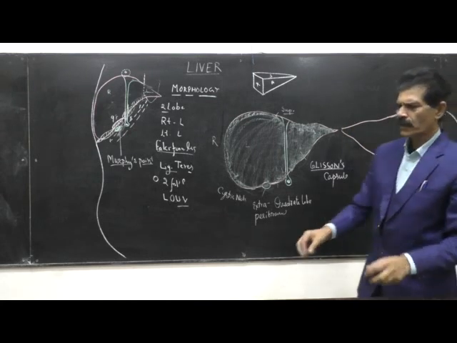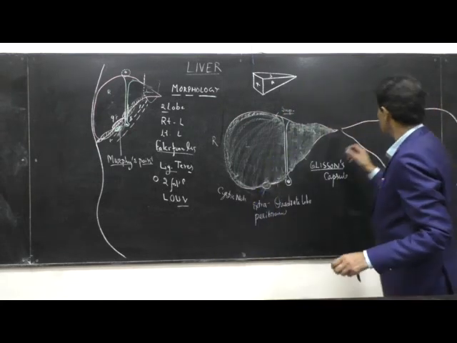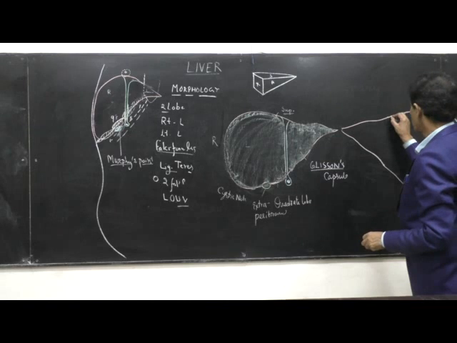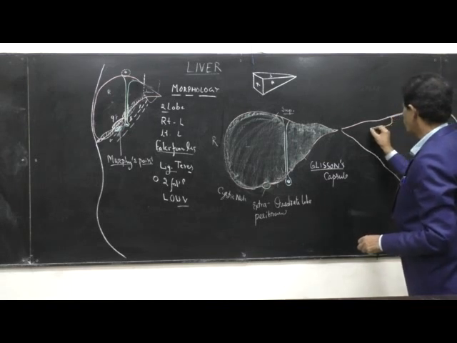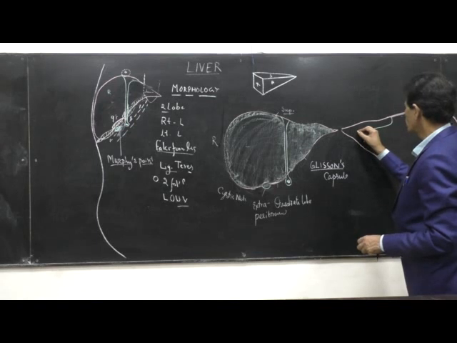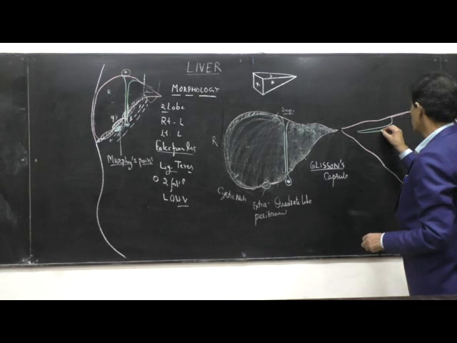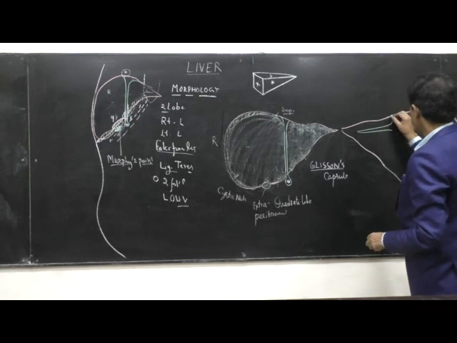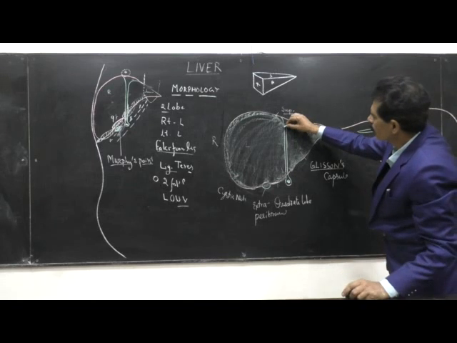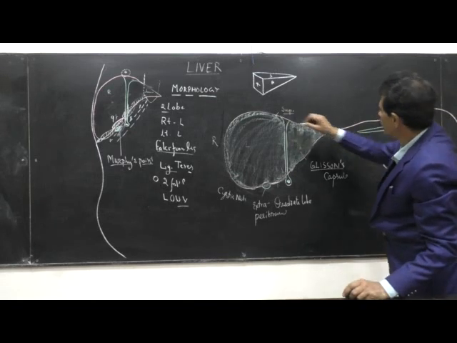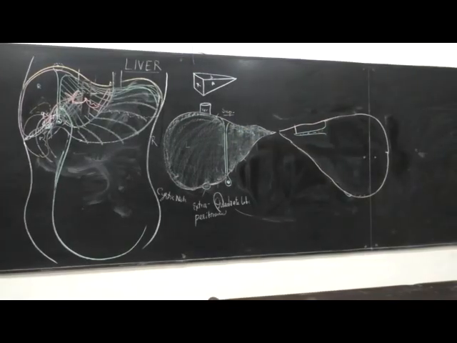We have seen that from here the falciform ligament comes, and on the left side the same fold of the peritoneum runs towards the left lobe and then reverts back. Similarly from the anterior surface, the right flap of the peritoneum comes on the right.